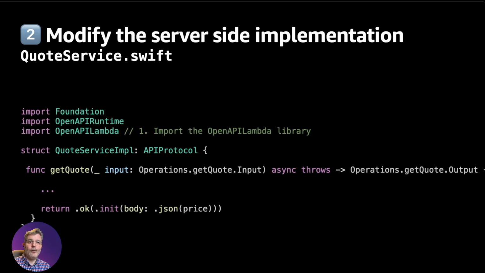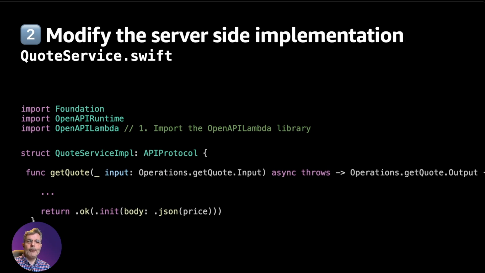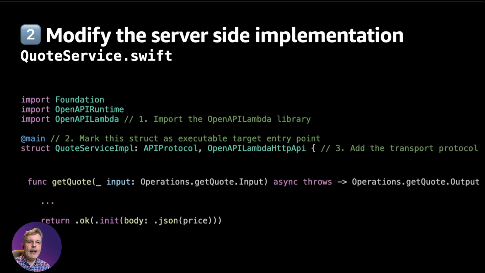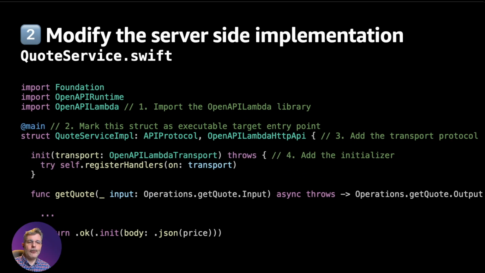So the very first one is to import the OpenAPI Lambda. The second is to tell, hey, this is a main function. Remember, Lambda is a command line executable, so you need to add the @main annotation. Then we are going to also implement the OpenAPI Lambda HTTP API and add a constructor to register the Lambda transport on this specific implementation.